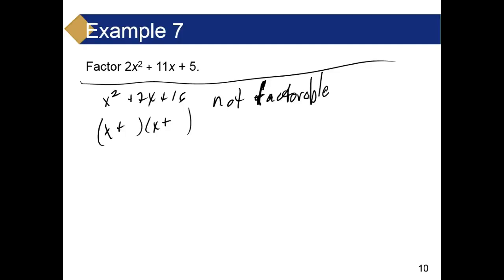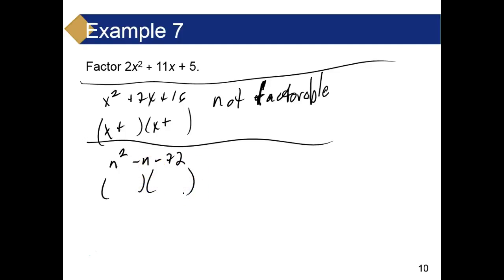All right, let's do another, besides the point. Here's one. Factor this: n squared minus n minus 72. Whoa, okay? Where would you start? Okay, you hope that it's factorable by two binomials.